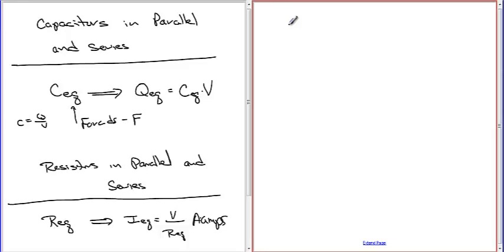Oh, today we talked about the charge as a function of time. These are on a capacitor. And this is an RC circuit. So we have one resistor and one capacitor.